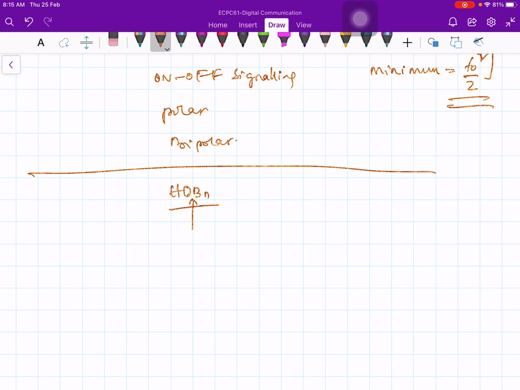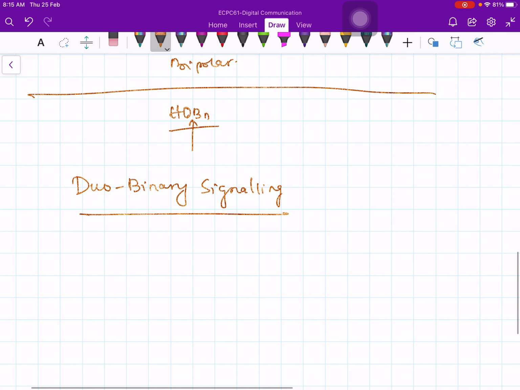It is called duobinary signaling. This line coding scheme is particularly important because we will see that it helps us to achieve a bandwidth efficiency equal to the theoretical minimum bandwidth that we can expect. The theoretical minimum bandwidth is f naught by 2.